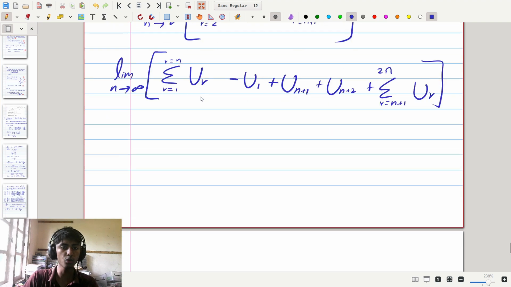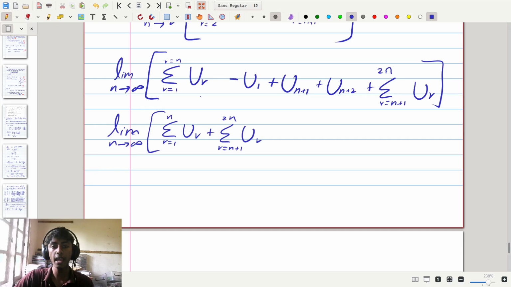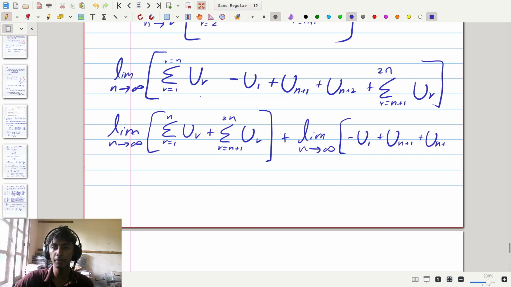Now with this, what I can do is rearrange this and write it as the limit as n approaches infinity of the sum from r equals 1 up to n of u of r plus the sum from r equals n plus 1, the very next term, until 2n of u of r, and then I'm going to write separately the last three terms: the limit as n approaches infinity of minus u of 1 plus u of n plus 1 plus u of n plus 2.